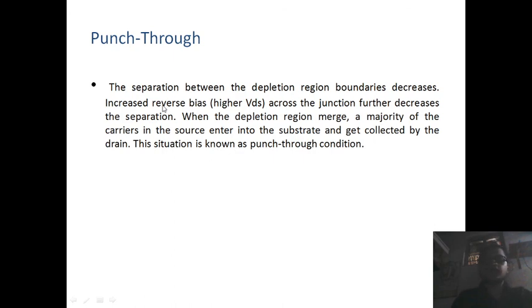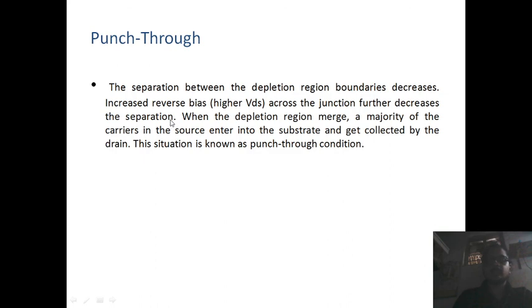This situation is known as the punch through condition. The separation between the depletion region boundaries decreases for a short channel. Increasing the reverse bias across the junction further decreases the separation.